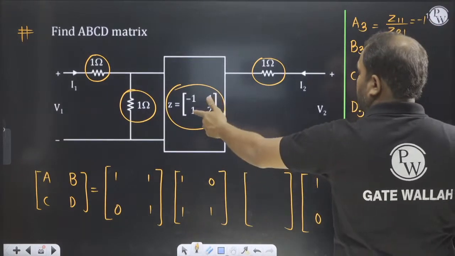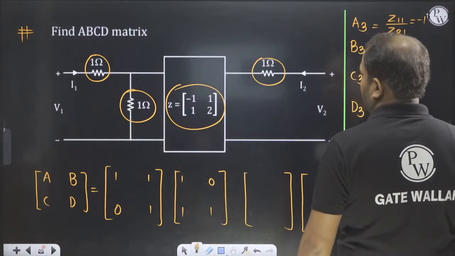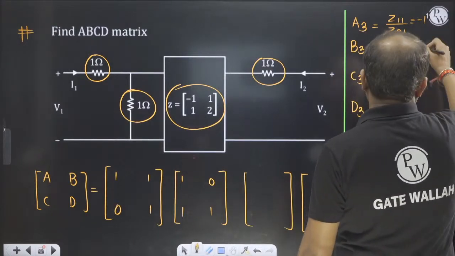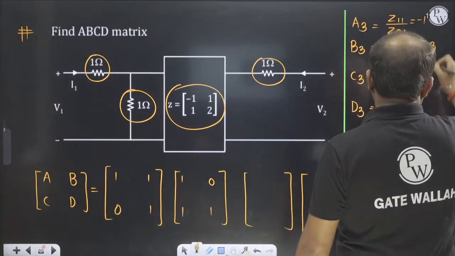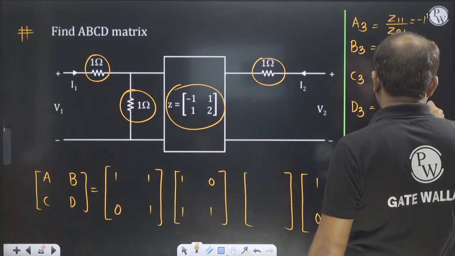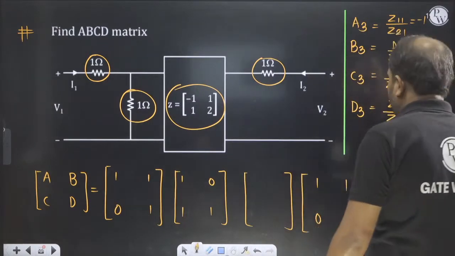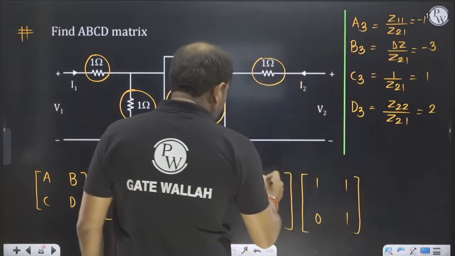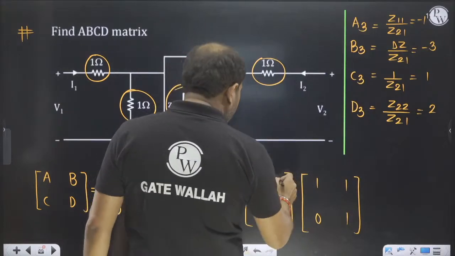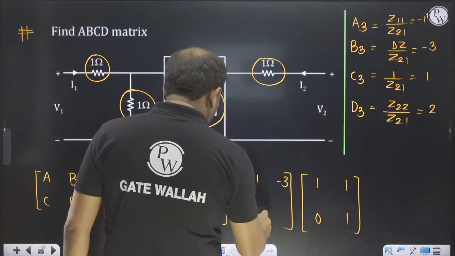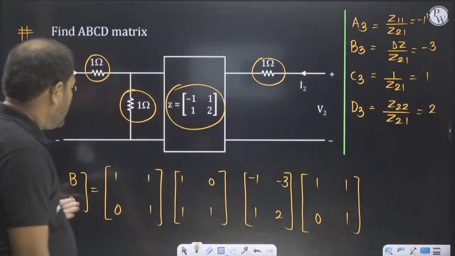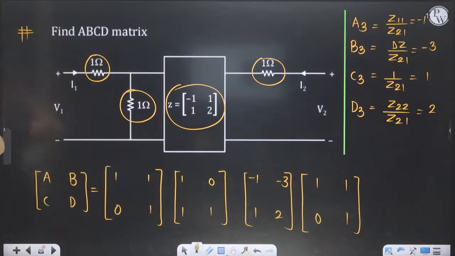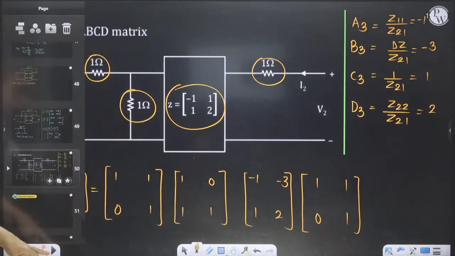Delta Z is 2 minus 1 minus 3, so minus 3 upon Z21 which is 1, and Z22 is 2. So A3 is minus 1, B3 is minus 3, C3 is 1 and D3 is 2. You will multiply these and you will get the ABCD matrix. So this is a very simple question.